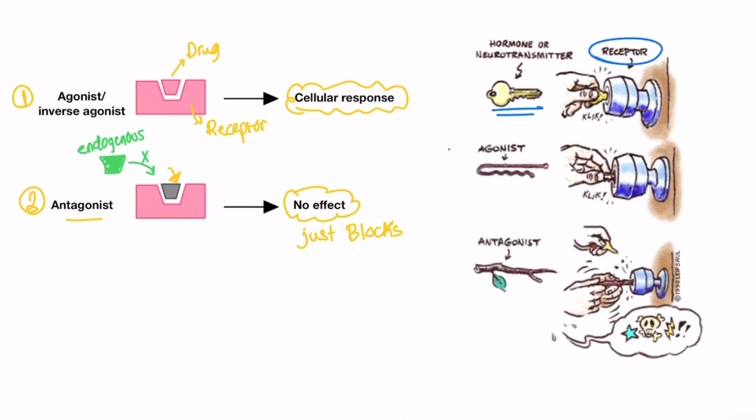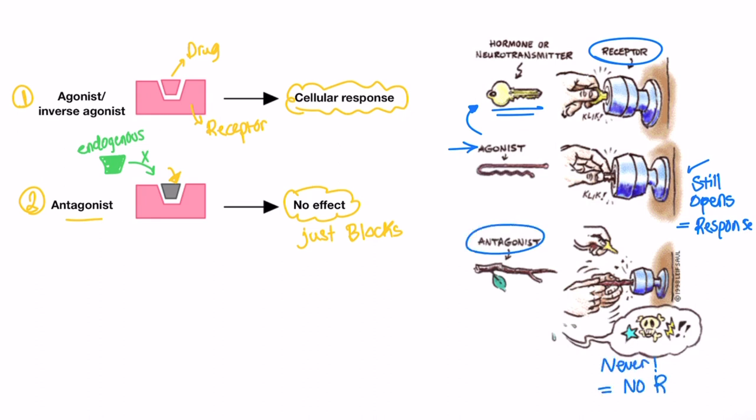If we introduce an agonist to the body, although it's different from the real key, it still can bind to the receptor and fits well there and successfully opens the door. So there is a response. While the antagonist, even if it fits the receptor, fits the door, it will never succeed in opening it. So there will be no response.